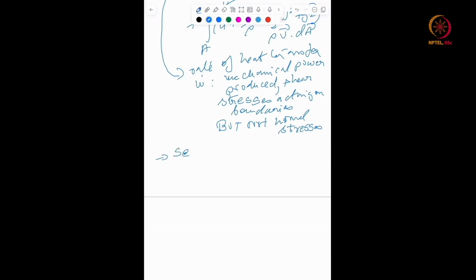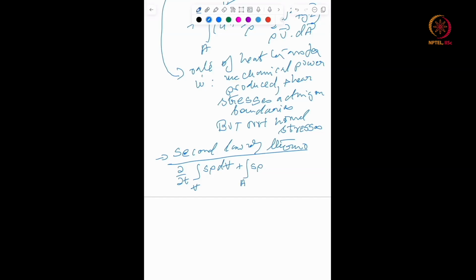Then you have the second law of thermodynamics, which is, if I write it properly, S rho volume. This is kind of an inequality kind of a law.